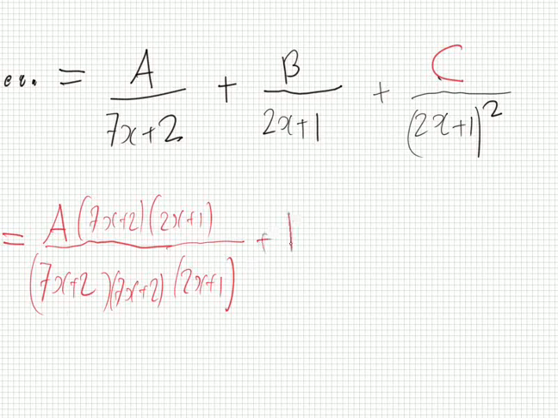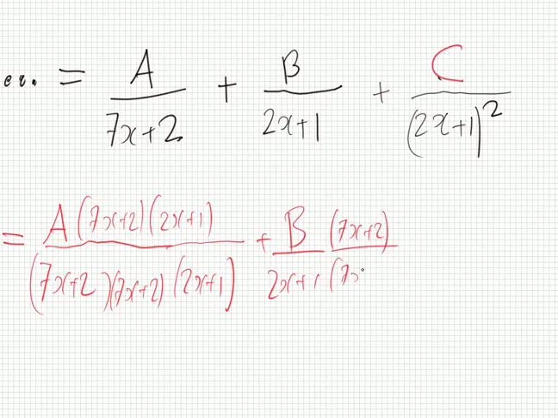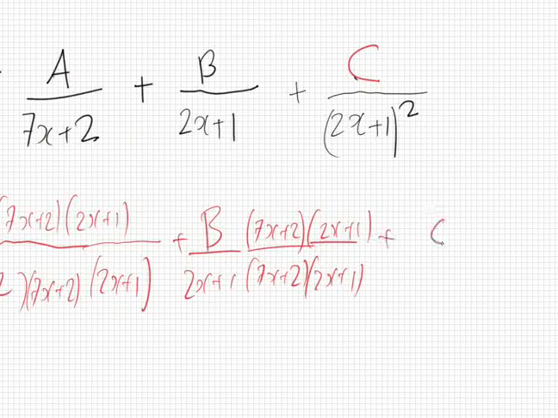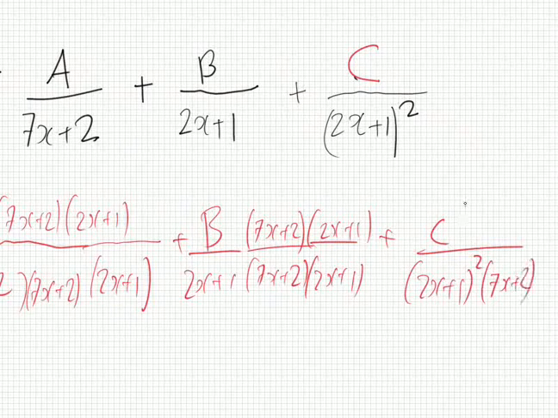Now I do the same thing here. I multiply the top and the bottom by 7x plus 2, 7x plus 2, and then here 2x plus 1, 2x plus 1. And then for the last one, I multiply the top and bottom by 7x plus 2, 7x plus 2.